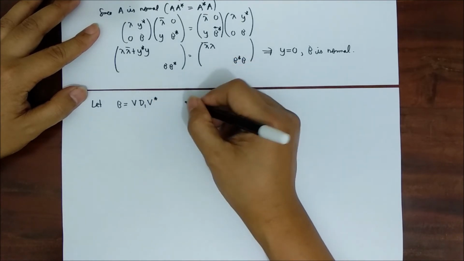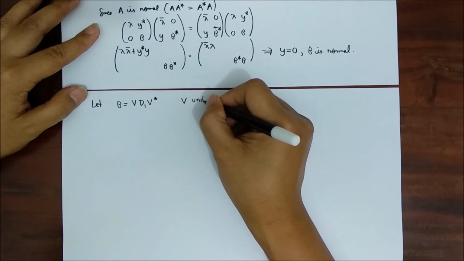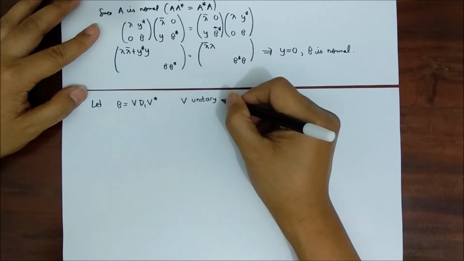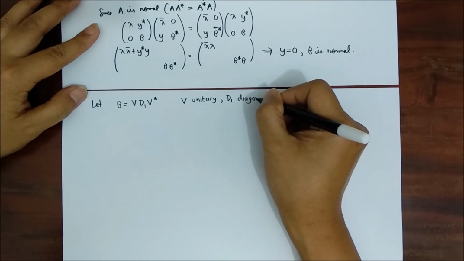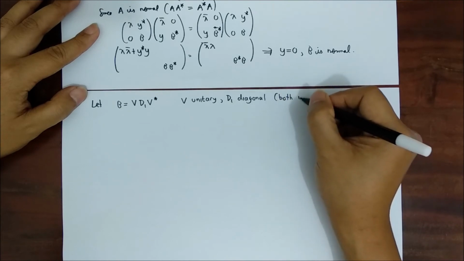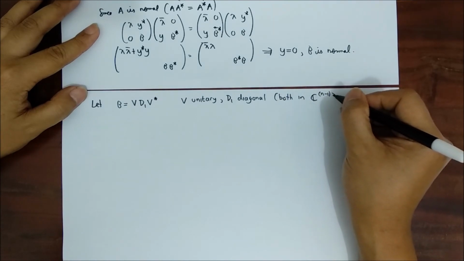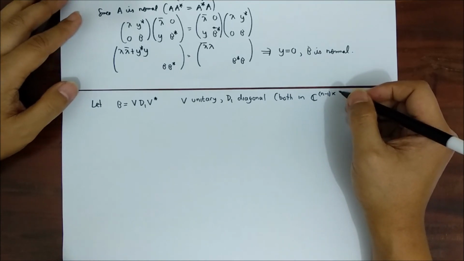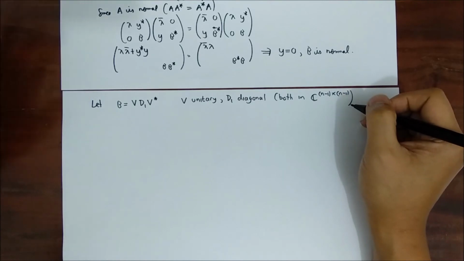V is unitary, and D1 is diagonal, both are matrices of size n-1 by n-1.